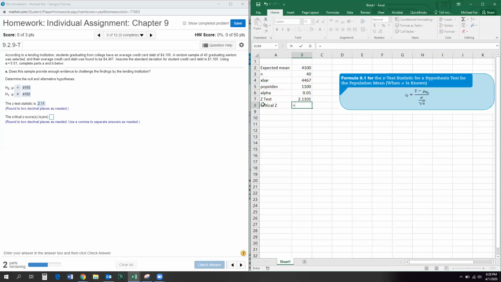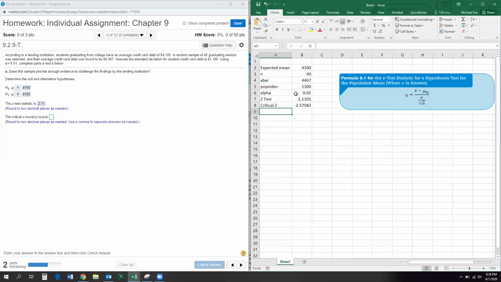I always use the absolute value of that, so I get the positive number. And then it's the absolute value of norm.s.inv, where my probability is alpha divided by 2. And that's going to be my critical z.